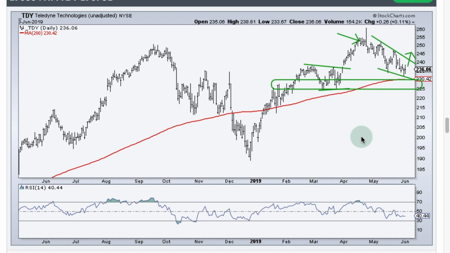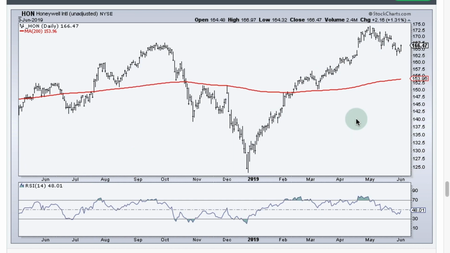For Teledyne. And finally, we have Honeywell. Now, I don't think they're in the aerospace and defense group, but they're more of a broad industrial company. But if you look at the chart overall, it's a bullish chart. You had this huge dip and this huge recovery, but you're back above the rising 200-day moving average.